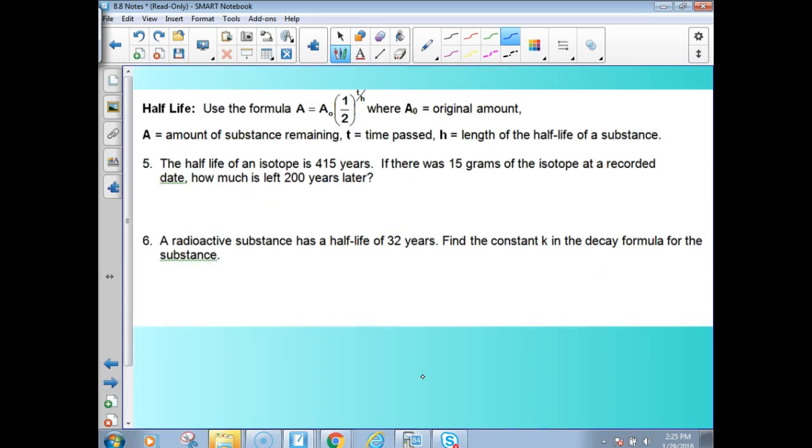Okay, next question is about half-life. What does half-life mean? Half-life of a substance is how long it takes for it to decay to half of what it was originally. Some substances take a long, long time to decay.